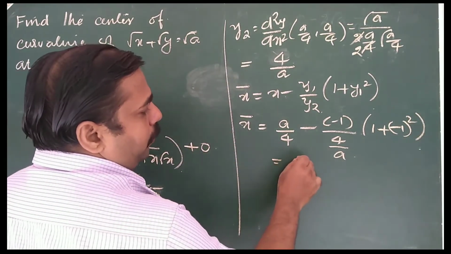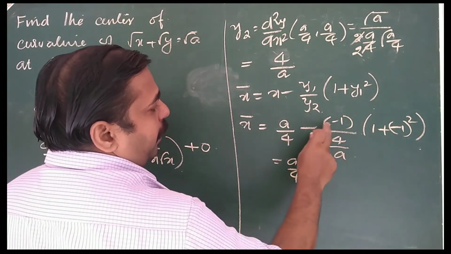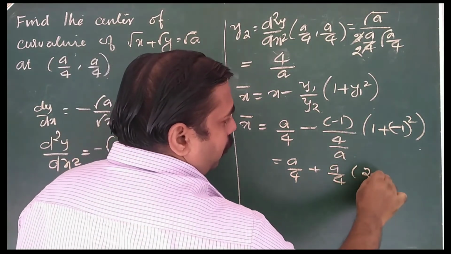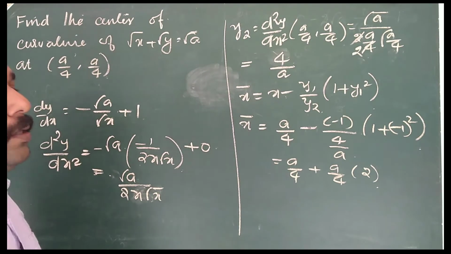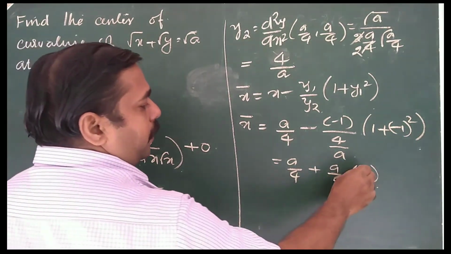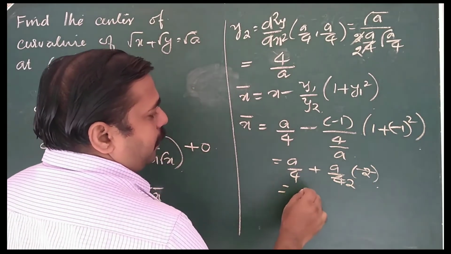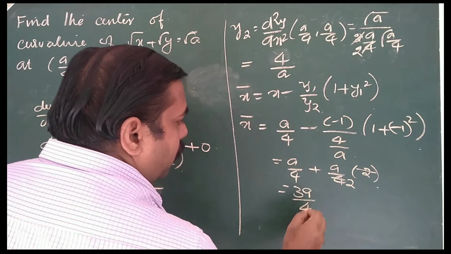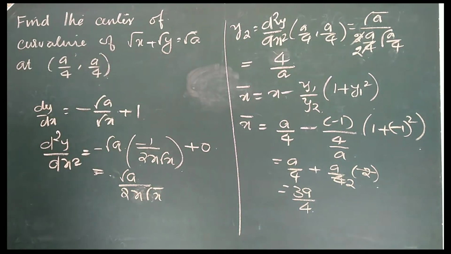So that is equal to a by 4 minus into minus plus, this a goes to numerator, that is a by 4 into 2, because minus 1 square is plus 1, 1 plus 1 is equal to 2. So this cancels. The answer is 3a by 4. So this is the first value.